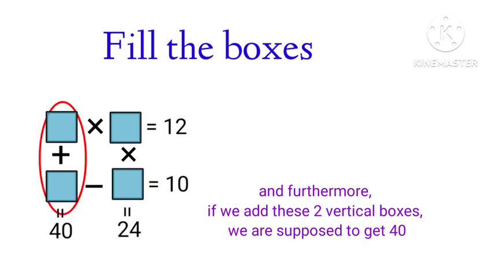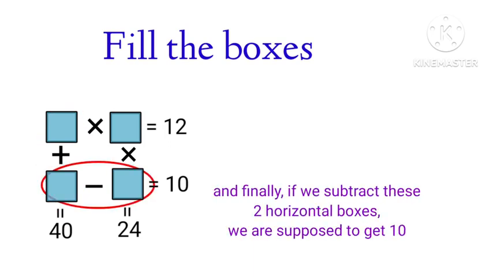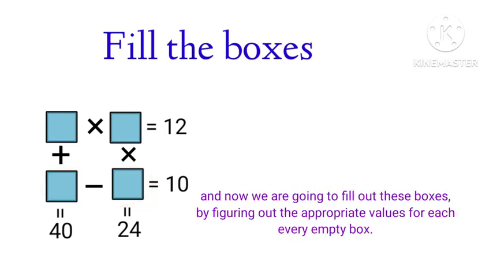Furthermore, if we add these 2 vertical boxes, we are supposed to get 40. And finally, if we subtract these 2 horizontal boxes, we are supposed to get 10. Now we are going to fill out these boxes by figuring out the appropriate values for every empty box.